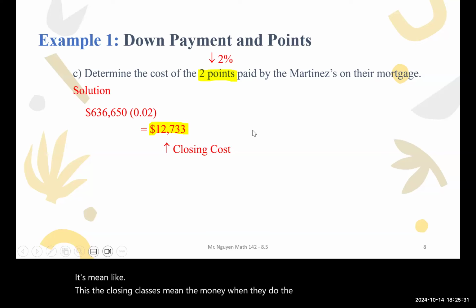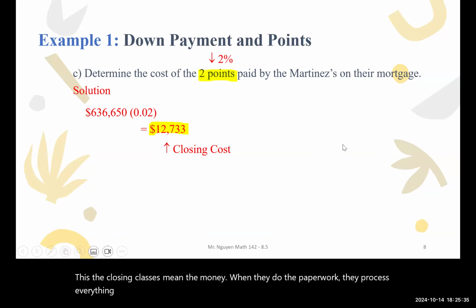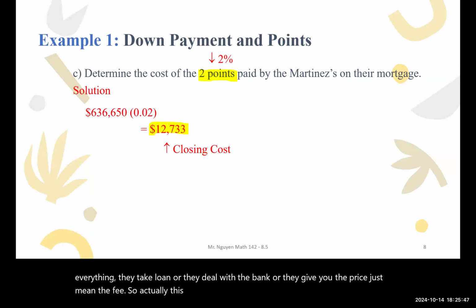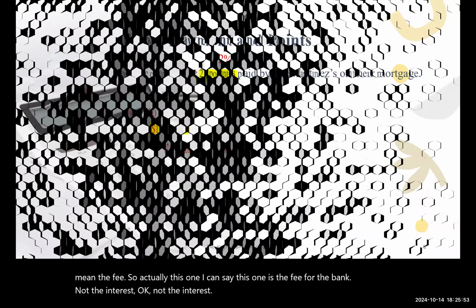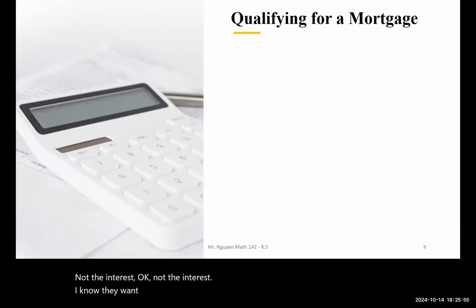Yeah, I got that. They process everything, they take the loan, they deal with the bank. It just means the fee. So this one is the fee for the bank, not the interest. I know they want to rip us off.